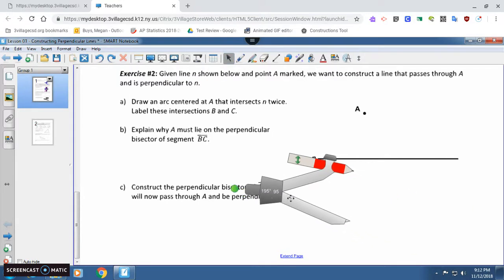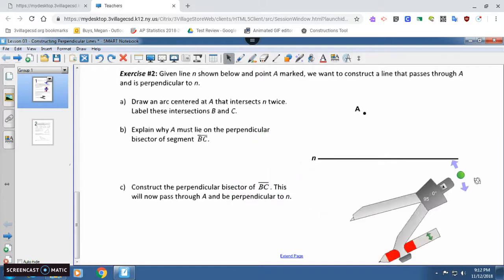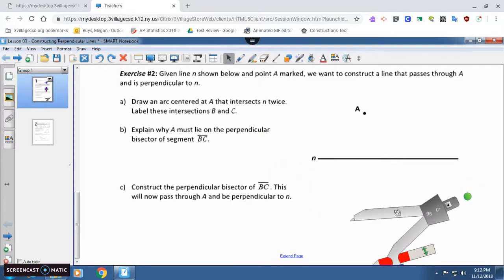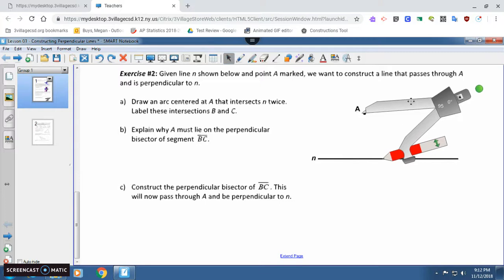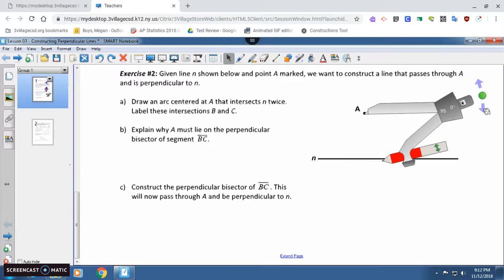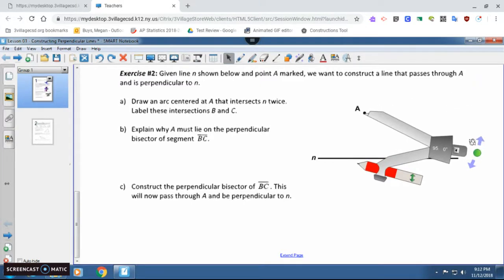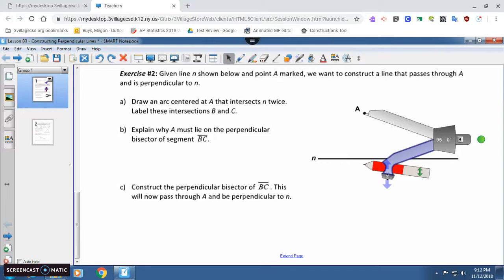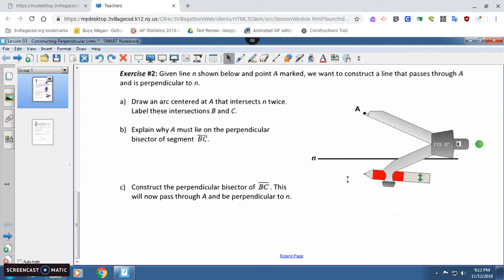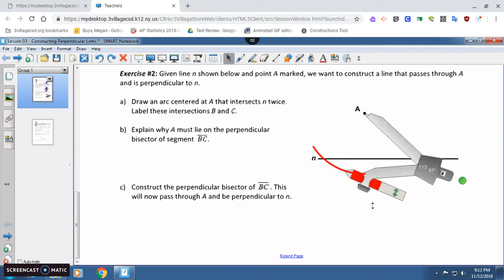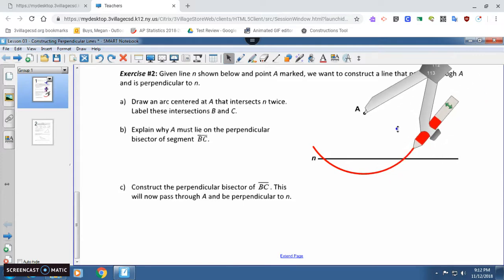So we're going to start with our clear piece at A. So it's different from our parallel construction that we've seen in our previous video, but we start with the clear piece at A. Now, our goal is that we need to make an arc that intersects this line twice. If you ever make an arc that's too big for our line, you can always extend the line. Remember, lines go on forever.